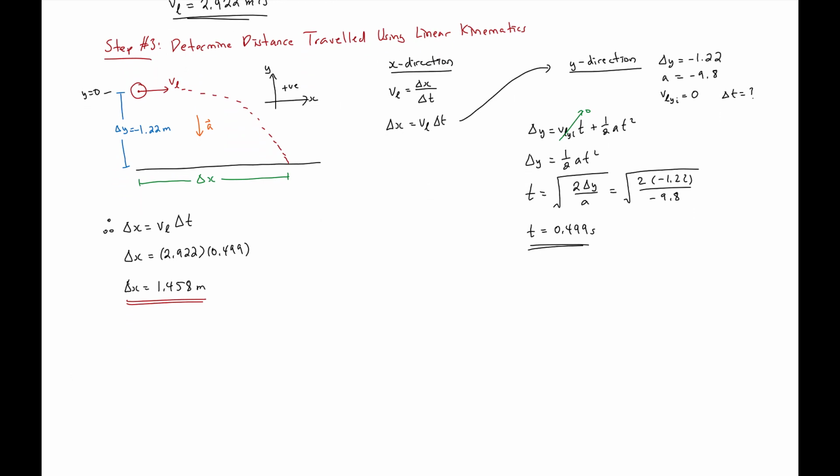So next, part B is asking us, how many revolutions does the ball make during its fall? So let's say this is the answer to A. Step number 4, we need to determine the number of revolutions that the sphere spins.